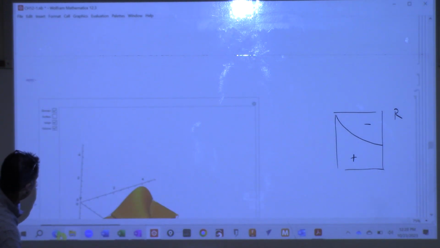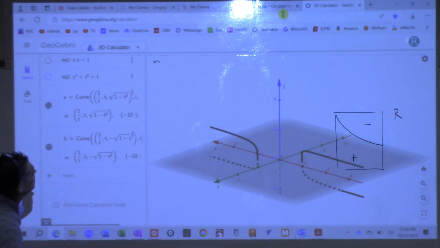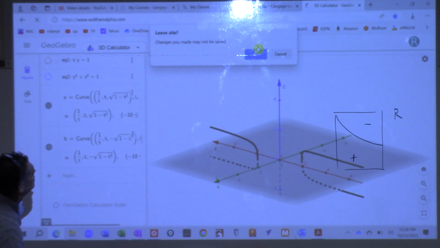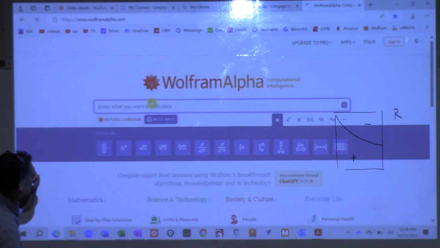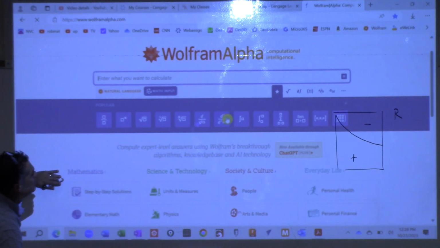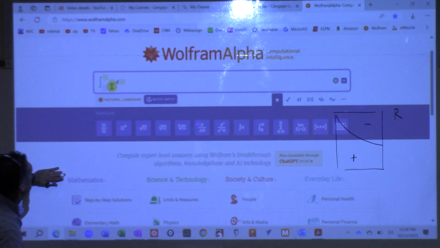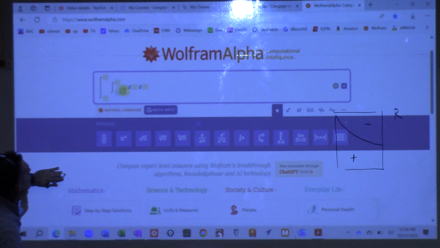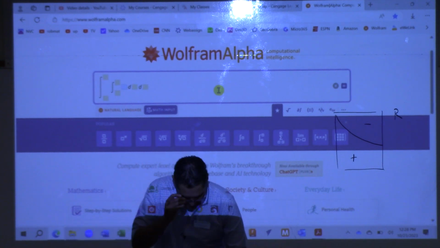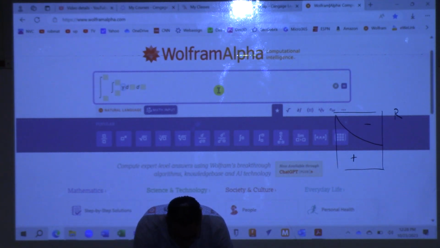I should show you this, even though I don't probably need to, that if you go to Wolfram, you can do double integrals in here. You just do an integral, and then inside the integrand, you do another integral, like that. And so let's try it. It was y times sine of x times y, right?